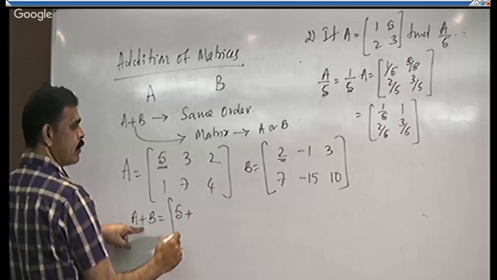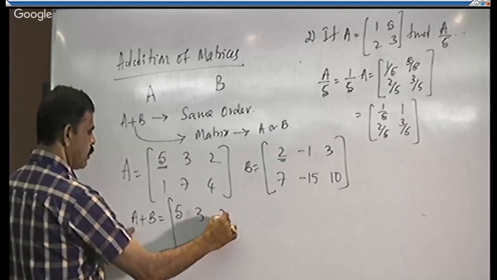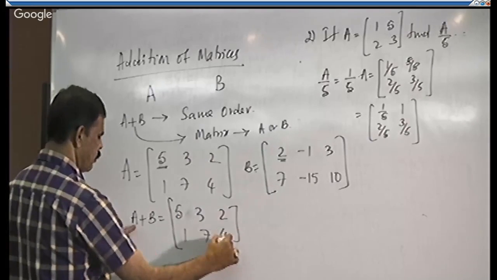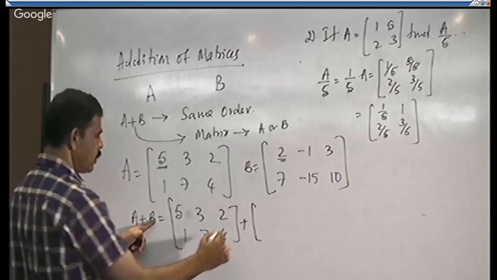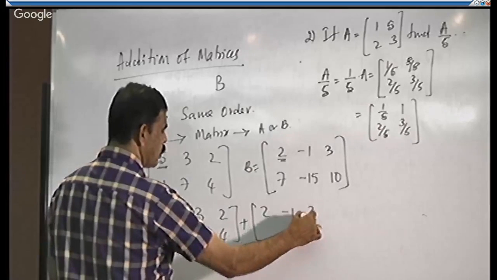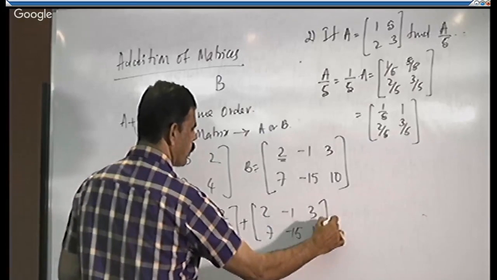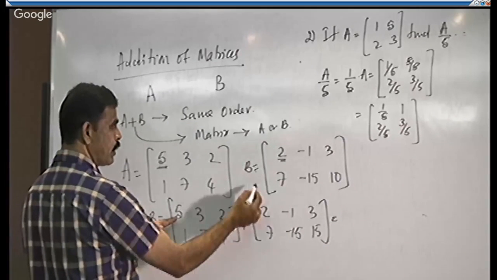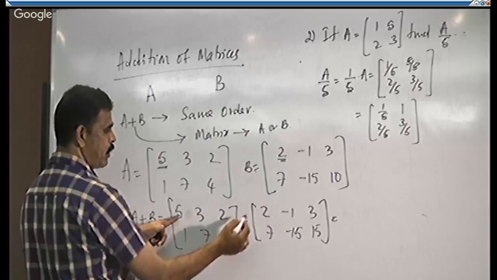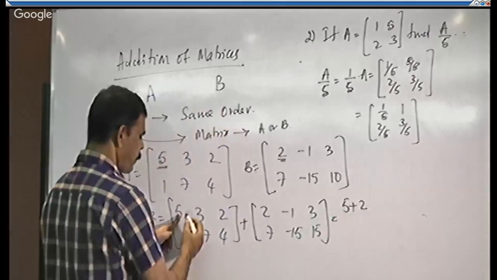Then A plus B is taken like this: I will write A, then the symbol plus, then B, then carry on the addition. 5 should be added with the corresponding element of the other matrix, that is 2. 5 plus 2.